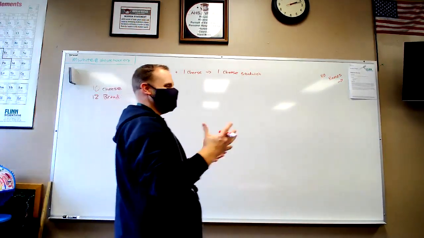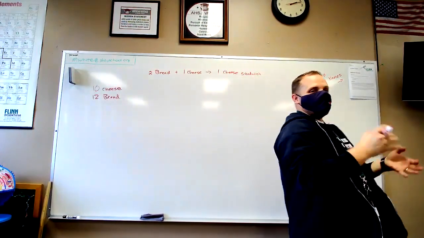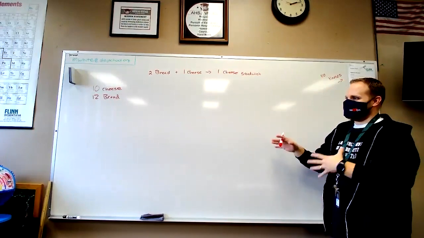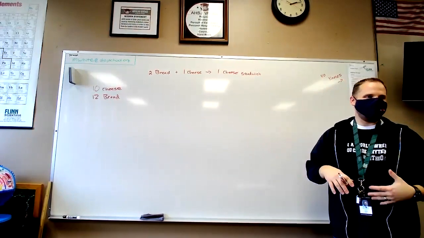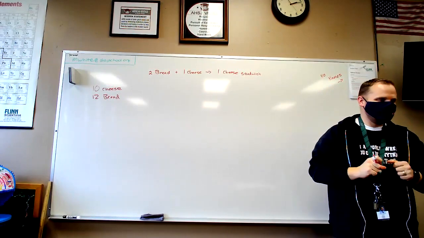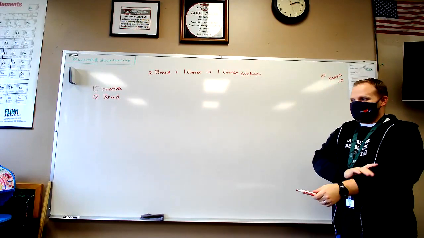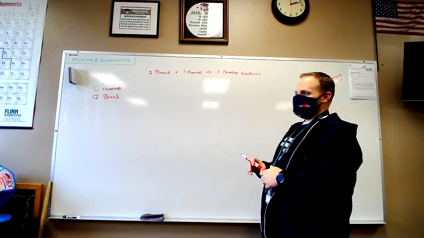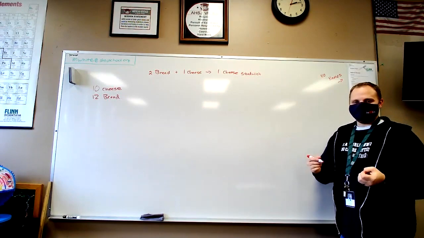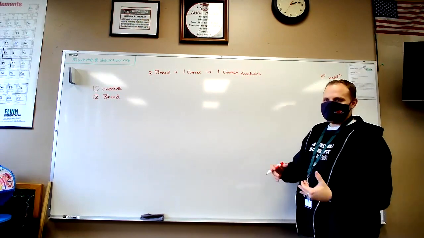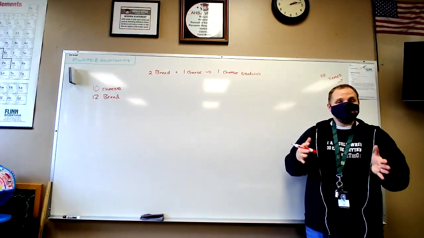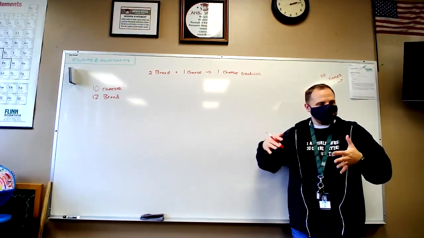And that was really, really simple, right? That's what we're going to be doing today. But for some reason, once we go from sandwiches to chemistry, people say, I don't know how to do that. But all we're doing is finding the limiting reactant. What that means is, when you mix these things together, which one is going to run out first, because that limits how much you can make.